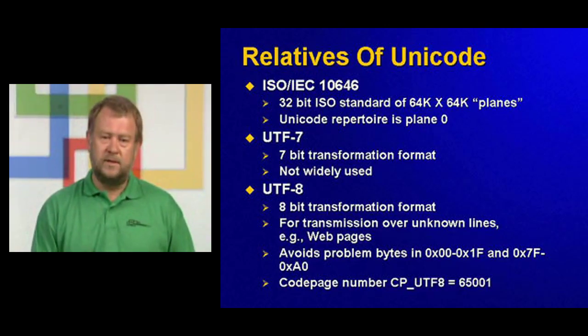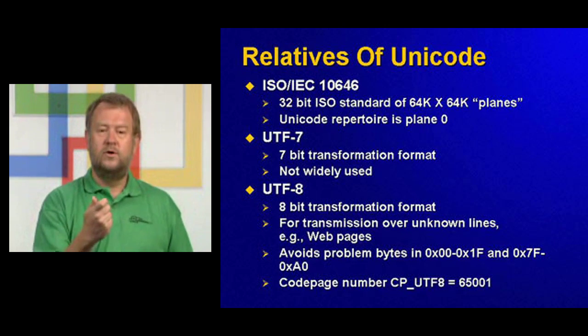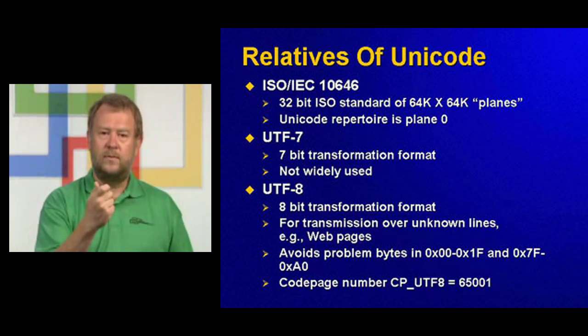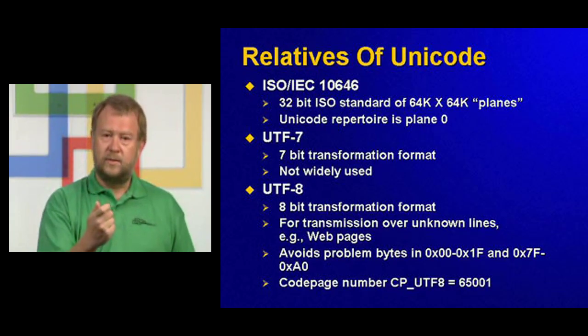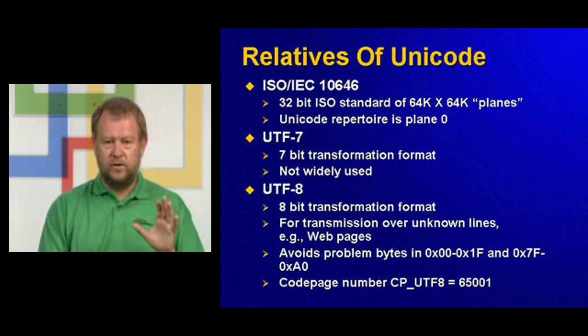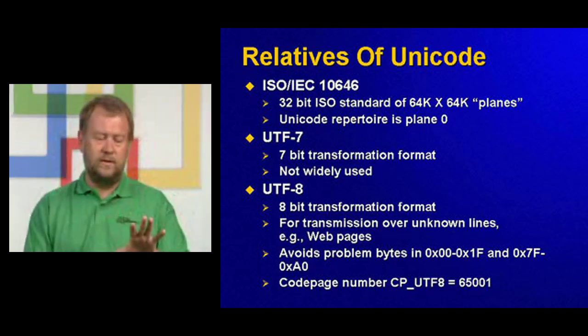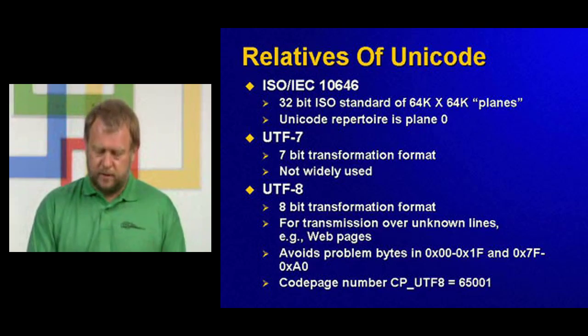In the DBCS character encodings, for example, when you see a byte, you don't know what it really represents, even though you know that it's code page 932, the Japanese code page, because it might be, in some cases, a trail byte, the second half of a 2-byte character. This is not the case with Unicode. With Unicode, you have an unambiguous encoding. You see one of these 16-bit values, and you know exactly what it signifies.